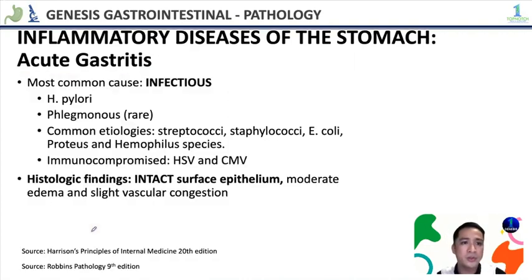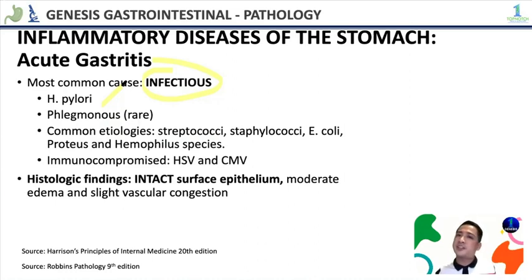So you see here, with acute gastritis, the most common cause is still infectious in origin, and that is your H. pylori Helicobacter pylori infection. In acute gastritis, there is a transient mucosal inflammatory process that the patient sometimes may be asymptomatic or can cause variable degrees of signs and symptoms.